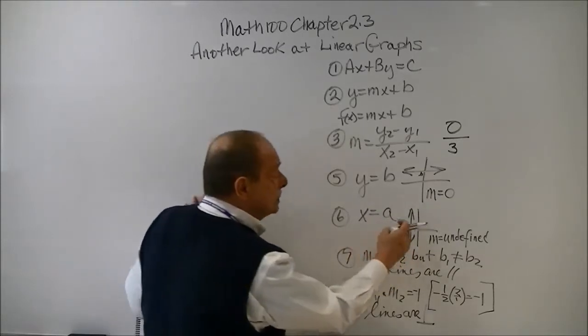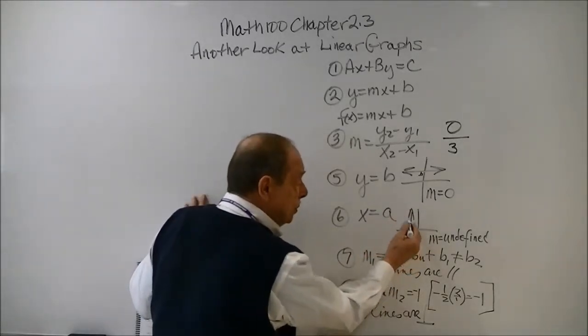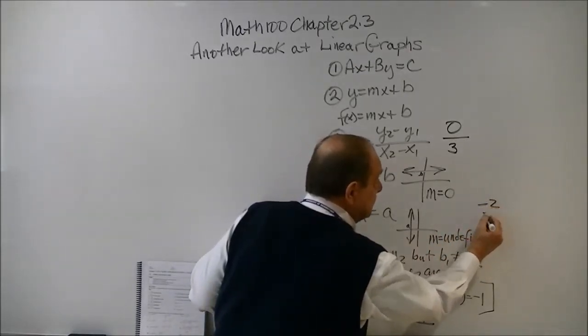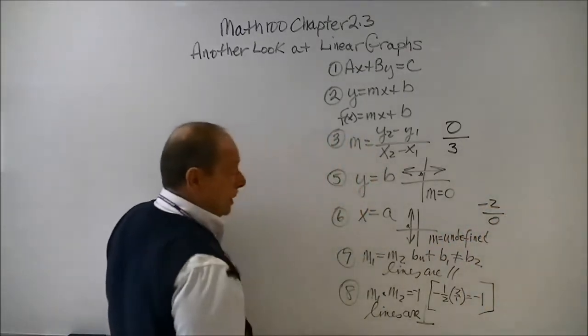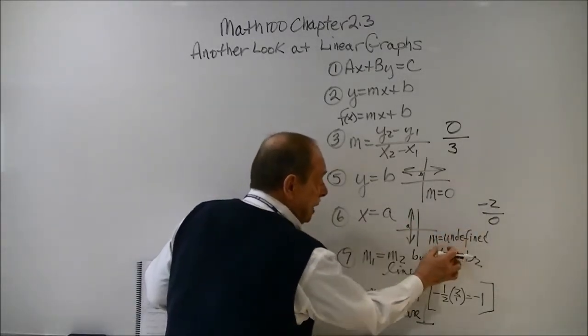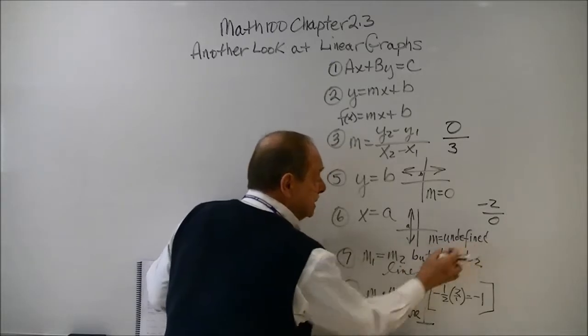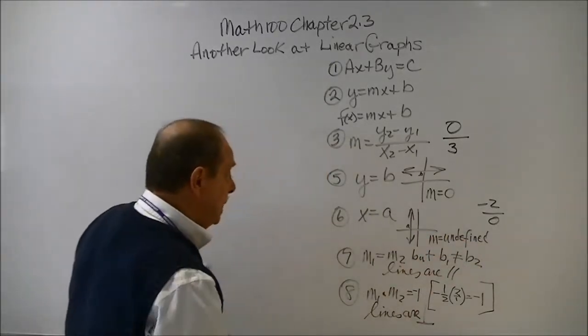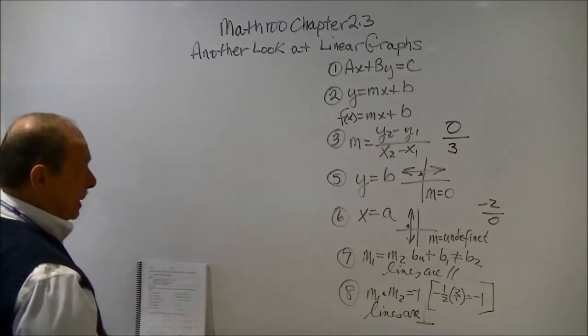If you found the slope of this by taking 2 points, you would end up with something like, let's say, -2 over 0. When something is divided by 0, the slope, in this case, is undefined. Anything divided by 0 is undefined.